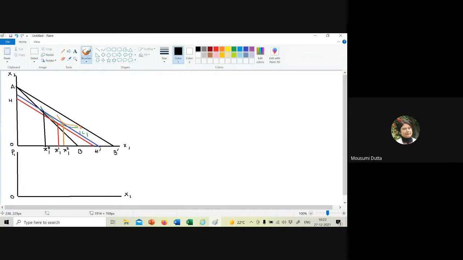This point is P. This point is Q. Q is this point of tangency, and this point is R. PQR. I'll also extend these quantities in the second diagram because later we need this.